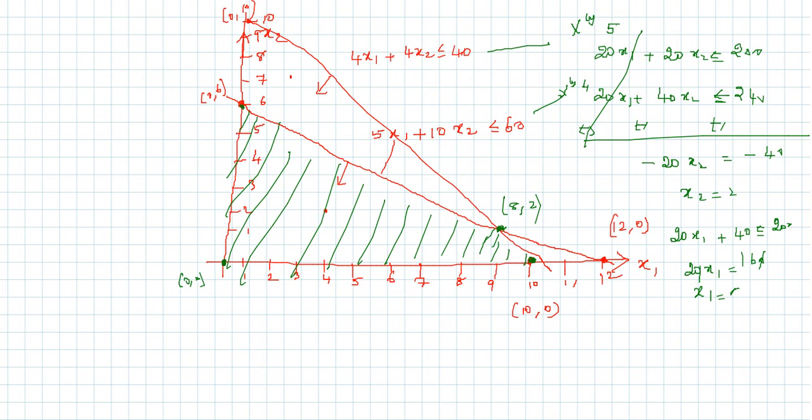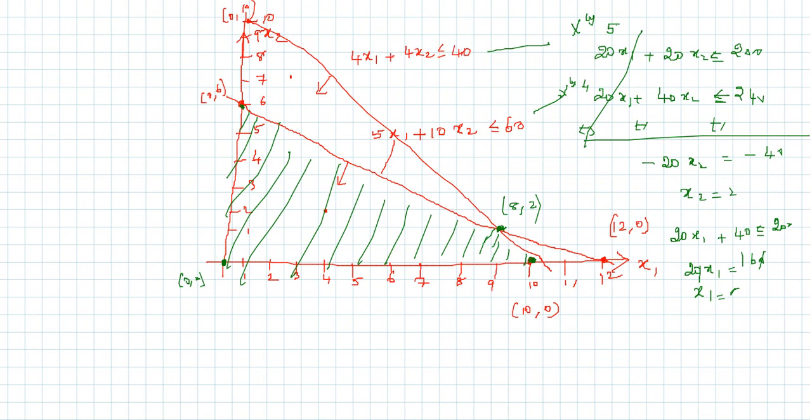And here also, if you take any point, it will be down. If you take any point above this region, it won't be satisfied. So the intersection point will be this area, which is marked with a green line, and we have to calculate the points. So 0 comma 0 will be the first point, 0 comma 6 the second point, 10 comma 0, and 8 comma 2.